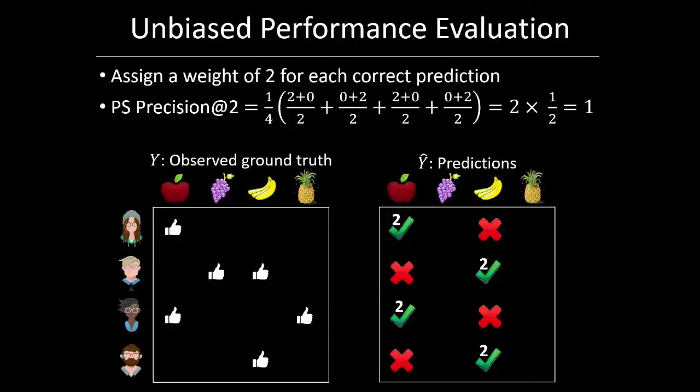And if you do this, lo and behold, your observed precision will again become unbiased. You'll get back 1. So the intuition is very simple. You should count all your correct predictions just as you would normally have done if you were calculating your vanilla precision. But then you simply double your count because you know that half the ground truth has gone missing and only half of your predictions were counted correctly. Okay?